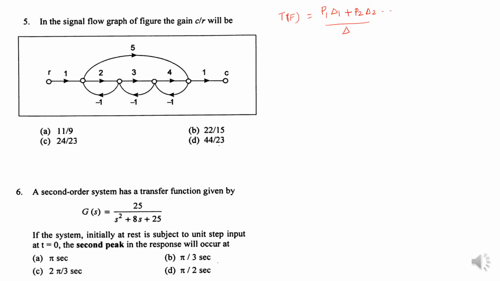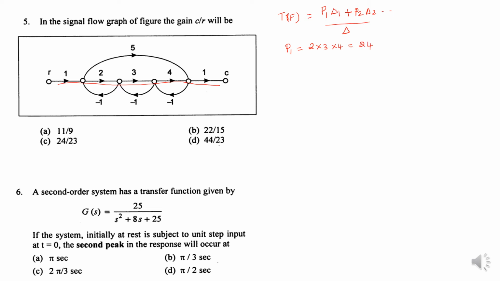What is P1? P1 is the forward path number 1. A forward path is a path where the signal starts from input and ends at output, left to right. So 2 into 3 into 4, this is the forward path transfer function, that is 24.